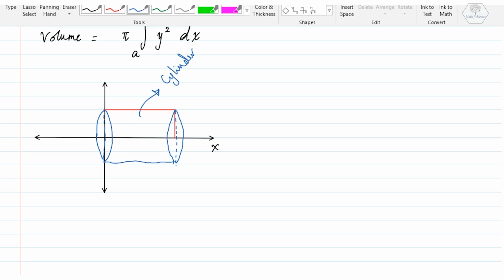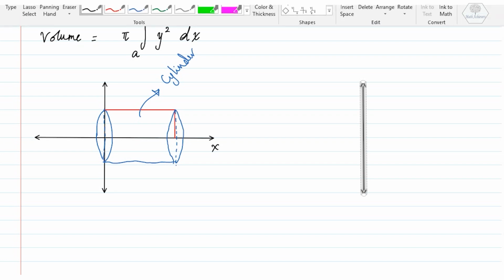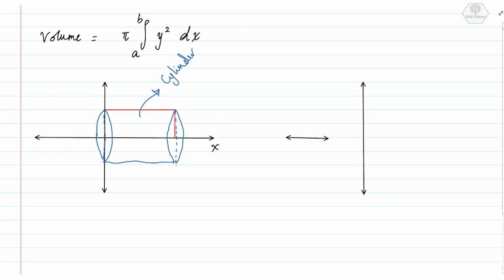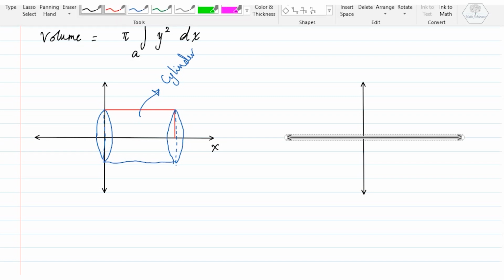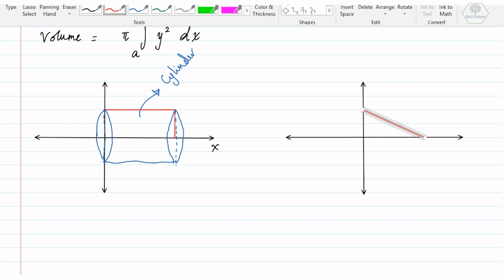Let's see a case if I'm having a triangle. Let's draw our axis first. And let's draw our triangle. Let's say I'm having this one like this. And I also want to do the same.